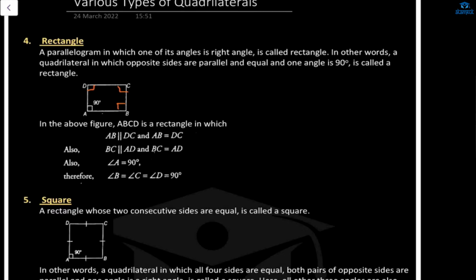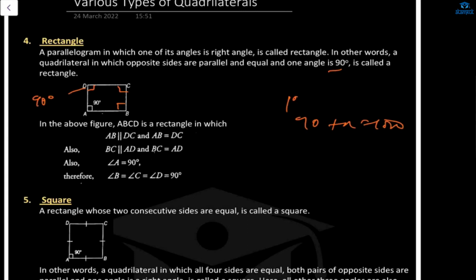In the definition it is written that only one angle is 90 degree. So from here, if angle A is 90 degree, then angle D and angle A will be equal to 180 degree, as co-interior angles. So 90 plus x is equal to 180 degree, therefore the value of angle D will also be 90 degrees.